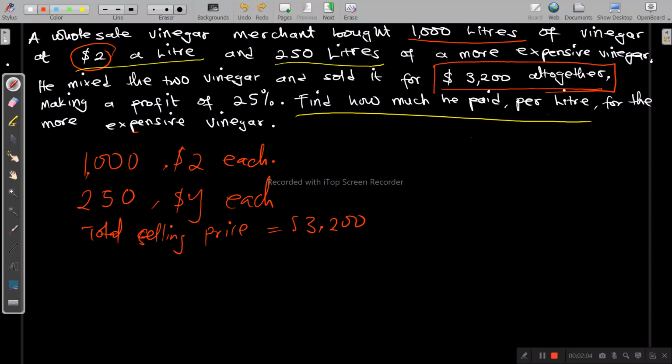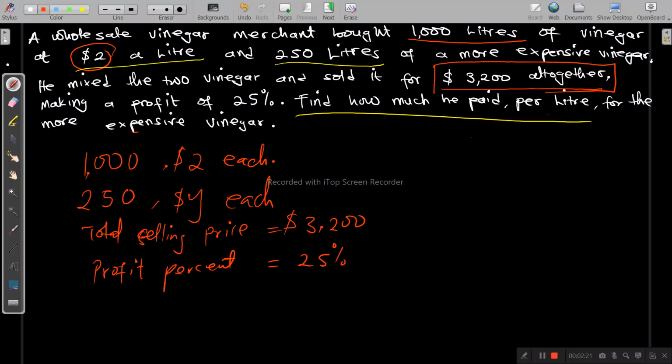That's how much he sold them for after mixing all of them, and the profit percent given here was 25%.